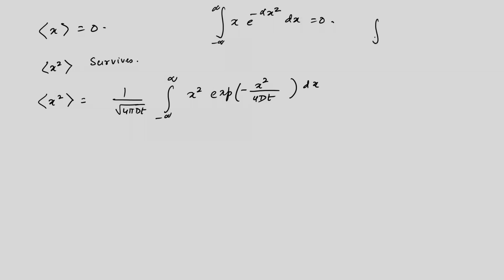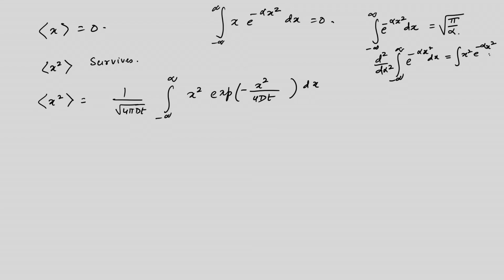So, if you write the integral of exponential minus alpha x square dx from minus infinity to plus infinity, it has a value which is root over pi by alpha. So, this would be some d2 d alpha 2 of the integral of exponential minus alpha x square dx. So, this is that integral and this looks like x square exponential minus alpha x square dx, maybe with some factor which one can figure out.